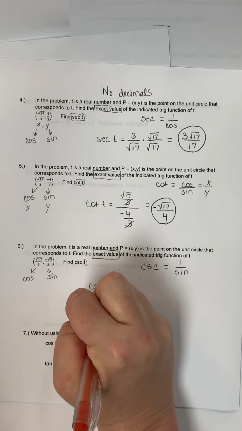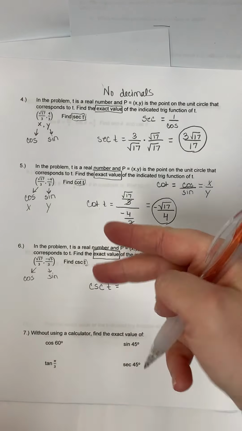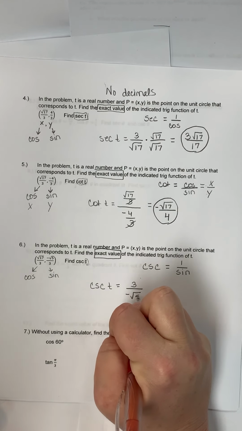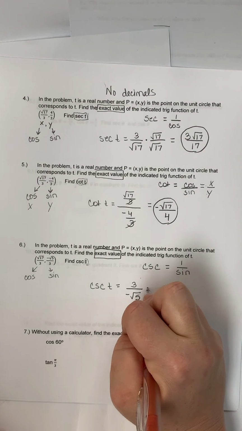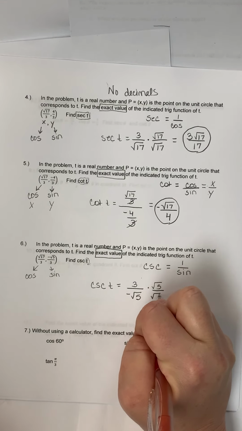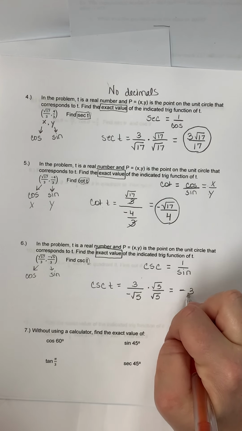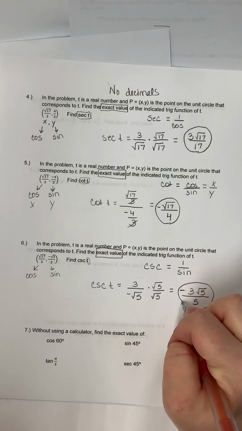So that means when I find the cosecant of t, I'm just going to take sine and flip it. So I'm going to have 3 over negative root of 5. And again, that negative can go anywhere, but I do need to rationalize. So I'm going to move my negative to the top. I just like it there better. I'm going to get 3 root of 5 over 5.